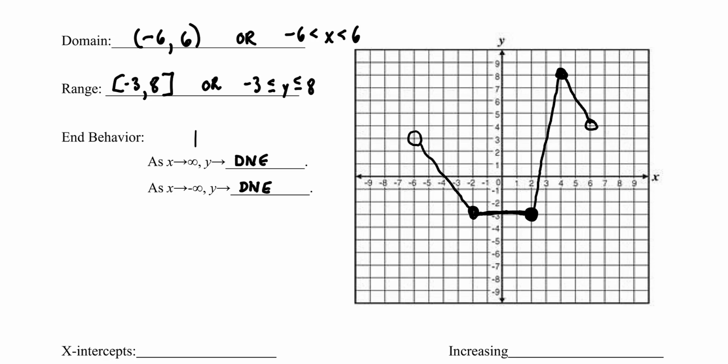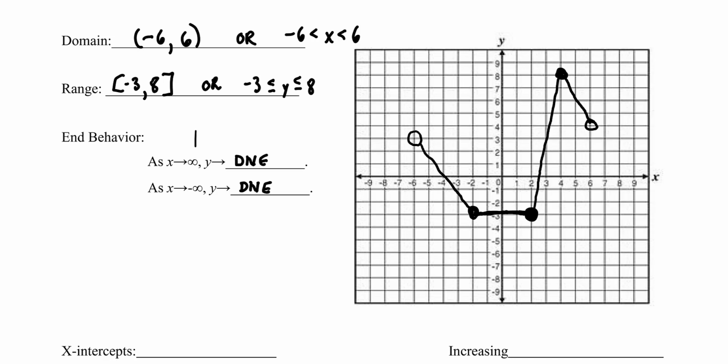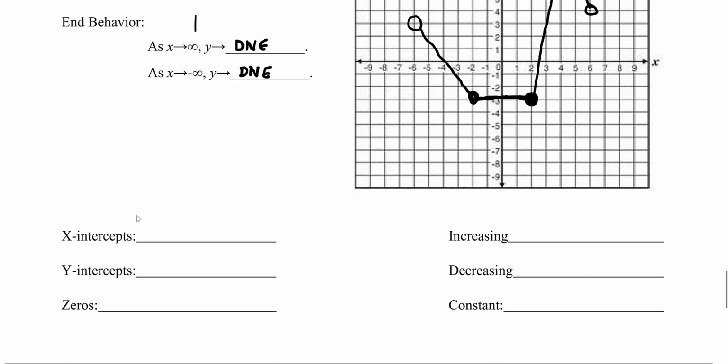And I wrote domain and range in a couple of different ways. The end behavior, as they have it set up, there is not an answer. They could have changed positive infinity to 6 and negative infinity to negative 6, and then there would have been answers. But the way they have that one set up, there's no answer.